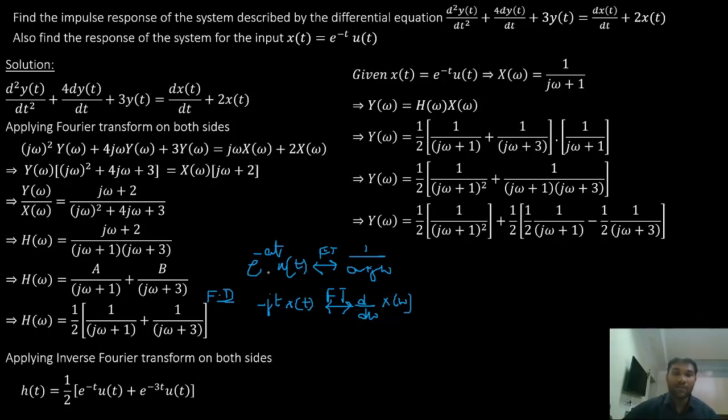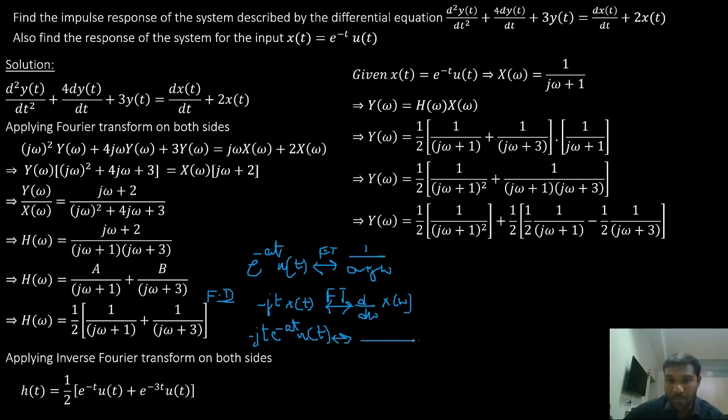So what is my x of t here? e power minus at u of t. So minus jt into e power minus at u of t will have the Fourier transform equal to the differentiation of 1 by (a plus j omega).